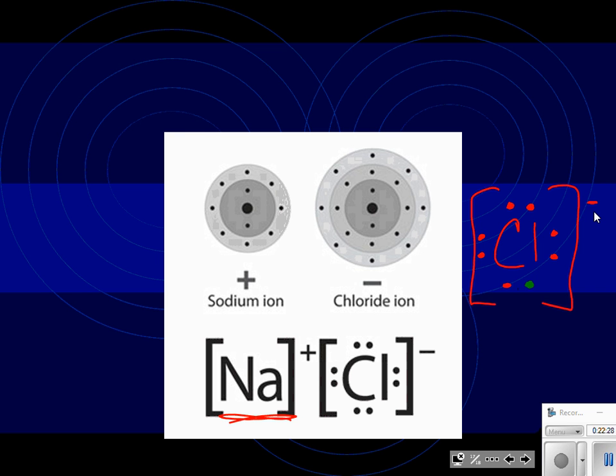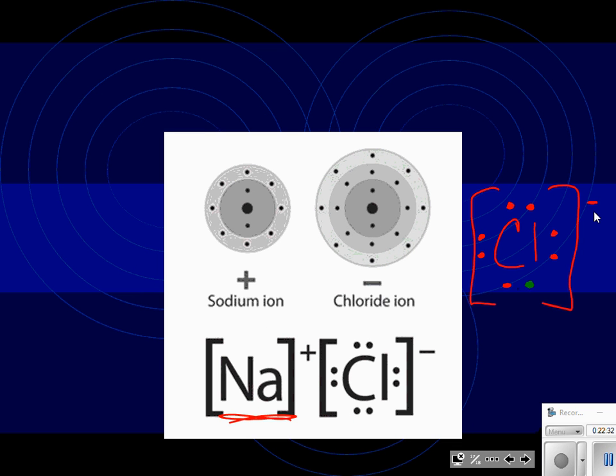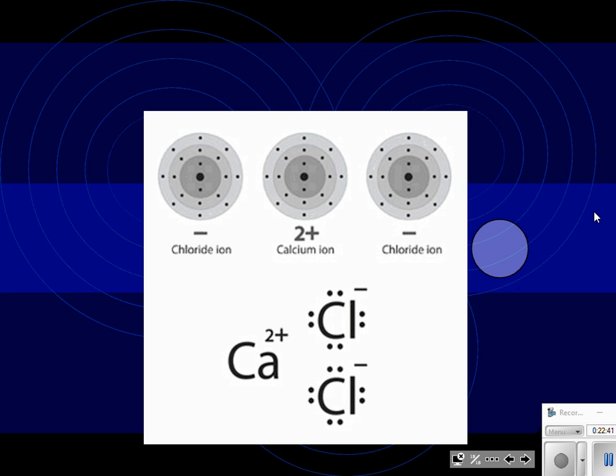Okay. Now let's just, I don't know what my next slide is. Oh yeah, here's calcium. Okay, good. So I was going to say, let's try something different, one that has more than 1. Here's calcium.